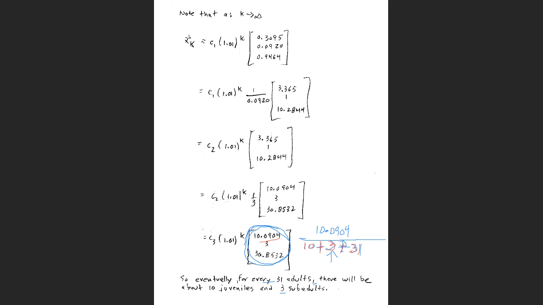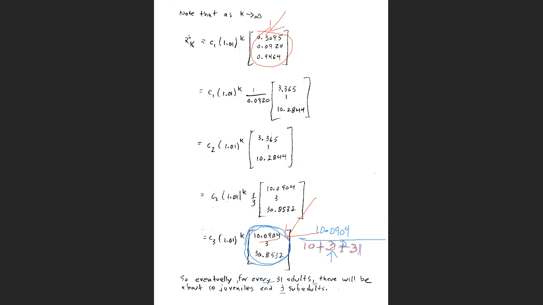So this would be approximately your denominator. That's absolutely right. But of course, we don't have to use this vector here. We could use that vector, or we could use the original eigenvector.